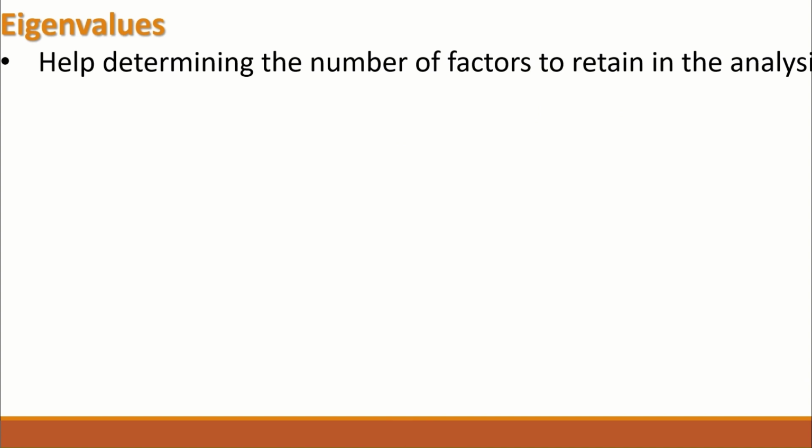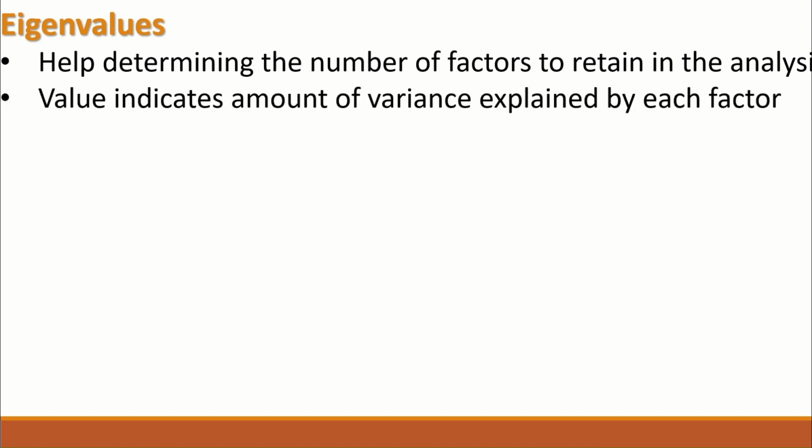There is another term that has to be checked when performing the EFA, which has to be determined prior to performing the analysis, which is eigenvalues. Eigenvalues help to determine the number of factors to retain in the analysis. The value for this indicates the amount of variance explained by each factor.